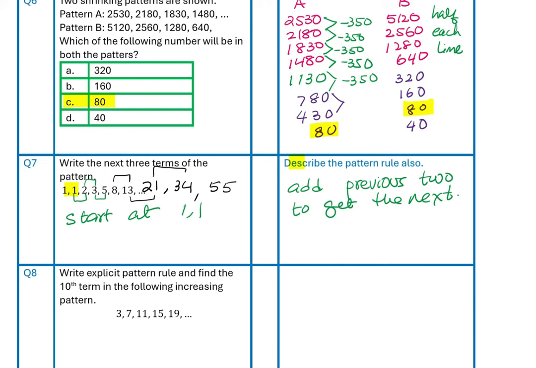The next question here is question number 8. Write explicit pattern rule and find the 10th term in the following increasing pattern. So how do you find explicit pattern rule? Explicit pattern rule is what? Well, the other pattern rule which I just did is called iterative pattern rule.